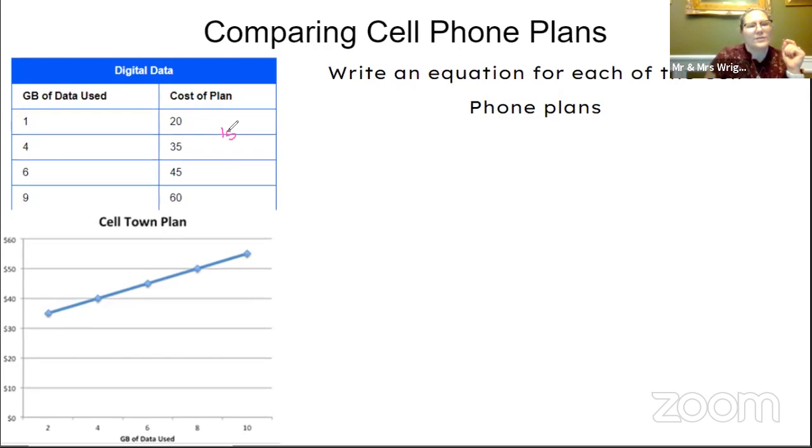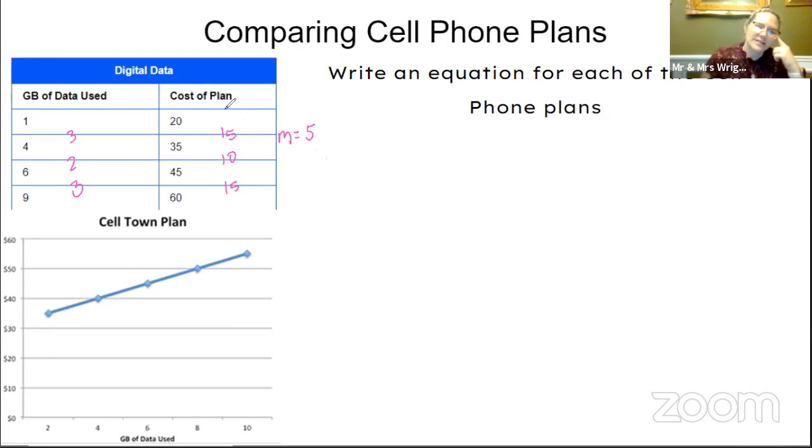Remember, we already did some subtraction here and figured out that the rate of change or slope in this case was 5, right? And if you want to know how we figured that out, go back and watch the last lesson. But the rate of change was 5.